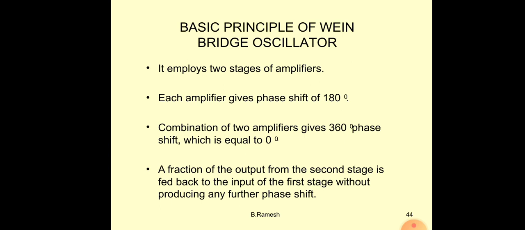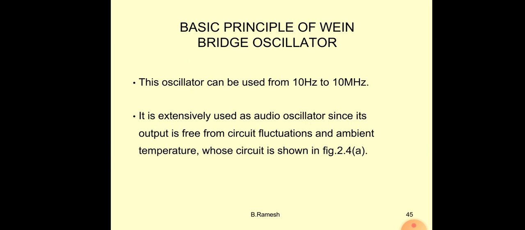A fraction of the output from the second stage is fed back to the input of the first stage without producing any further phase shift. So one amplifier produces a 180 degrees phase shift and the other produces another 180 degrees, a total of 360 degrees. So one condition is satisfied.